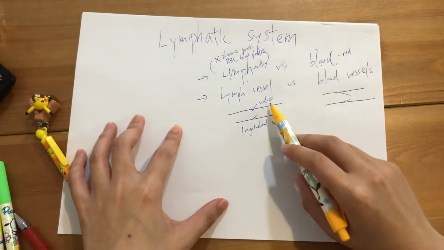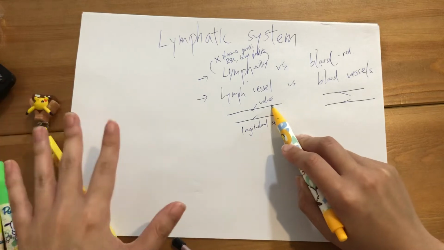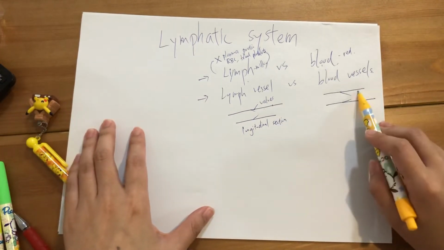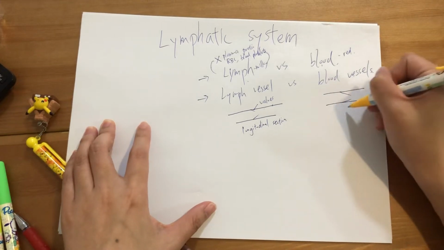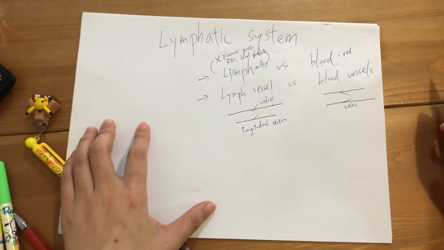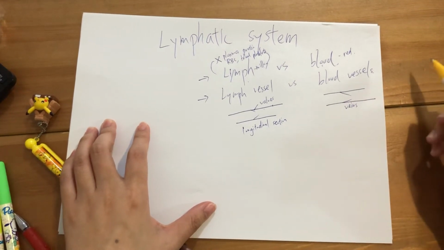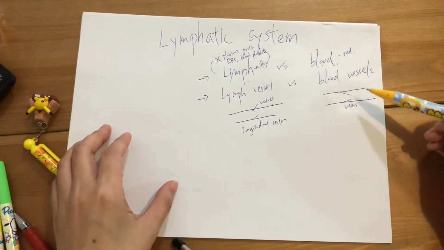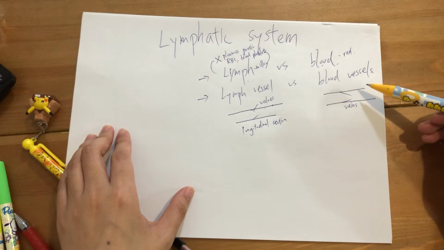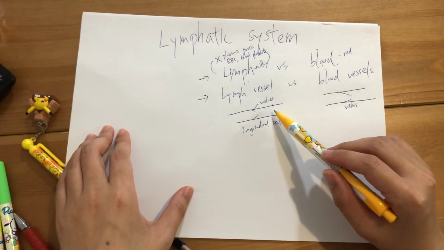But this time, the valves are used to prevent the backflow of lymph, but not the backflow of blood. And for blood vessels, only the veins, the aorta, and the pulmonary artery will contain valves. In the blood vessel, the valves will be used to prevent the backflow of blood. And in this case it will be the backflow of lymph.